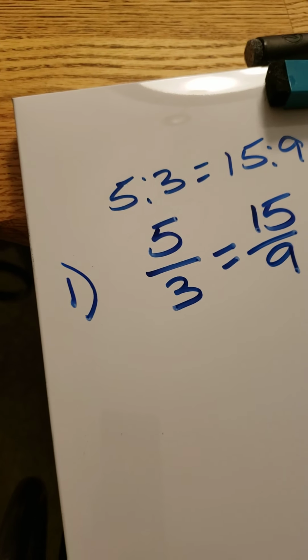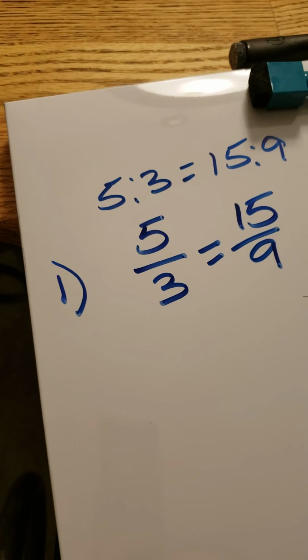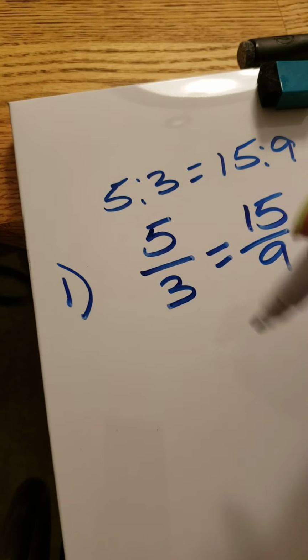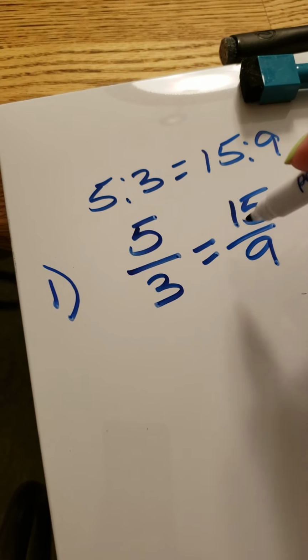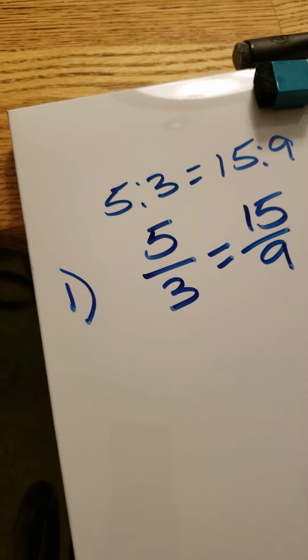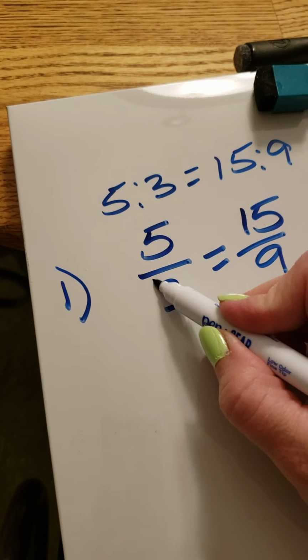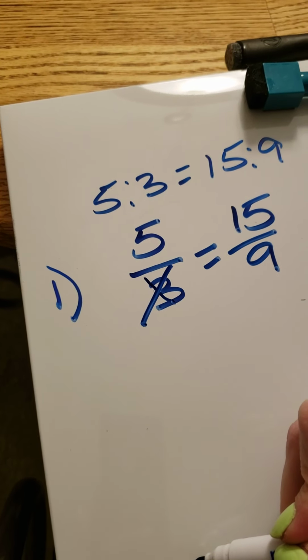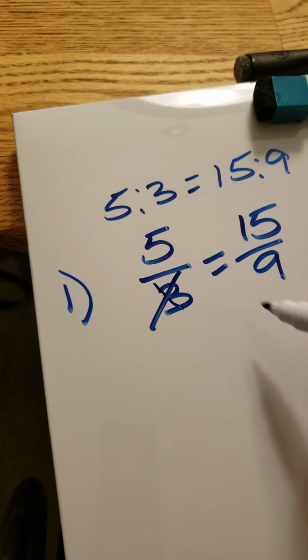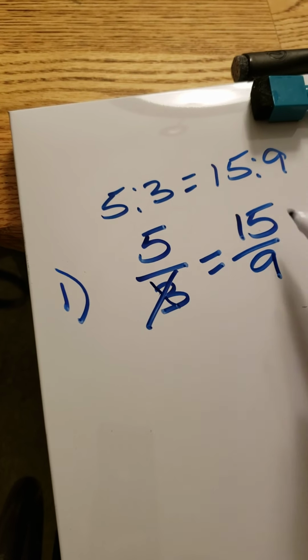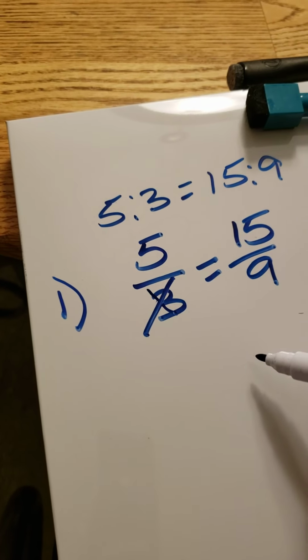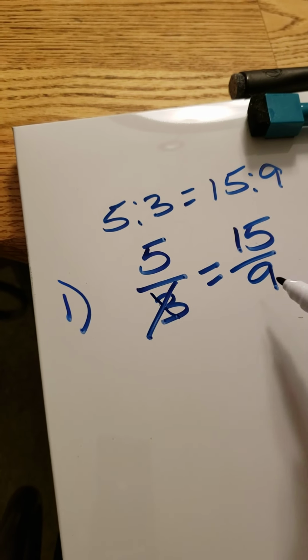So what I call 5-year-old hide and seek: we're going to hide one of those 4 numbers. It does not matter which one. I'm going to hide the 3. There, I hid it, you can't see it. Now if you remember when we had an X when we did this before, we would cross multiply and divide. We are still going to cross multiply and divide.